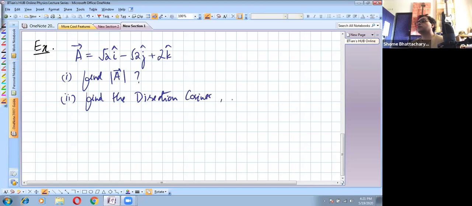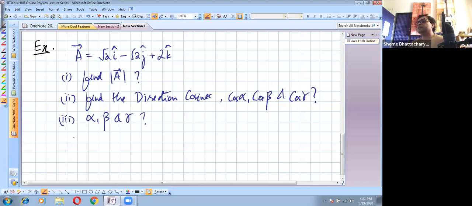Cos alpha, cos beta, and cos gamma. I want to find out all the three direction cosines. And third, from that, I want to calculate alpha, beta, and gamma.